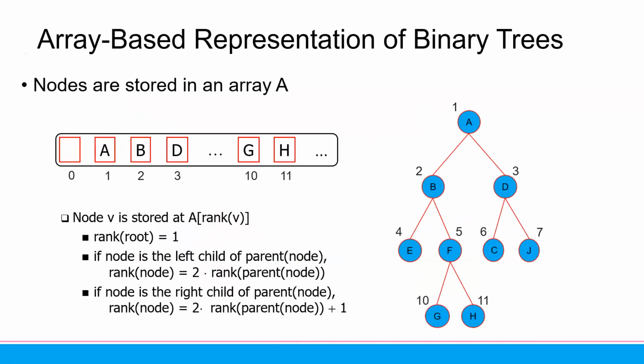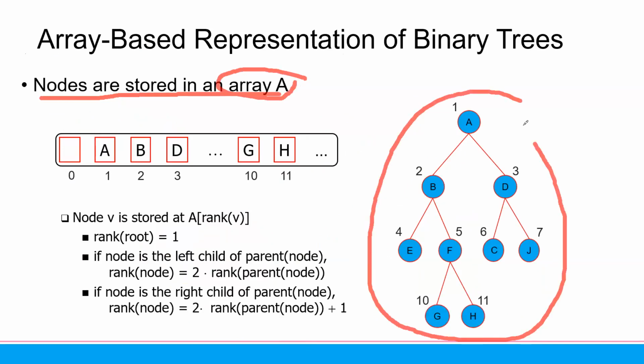Can we use an array to represent binary trees? The answer is yes. We can store the nodes in an array. Let's think of this kind of array as a list. So I have this tree, and I want to put it in an array.